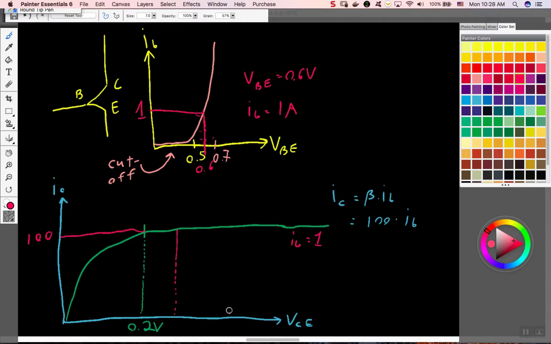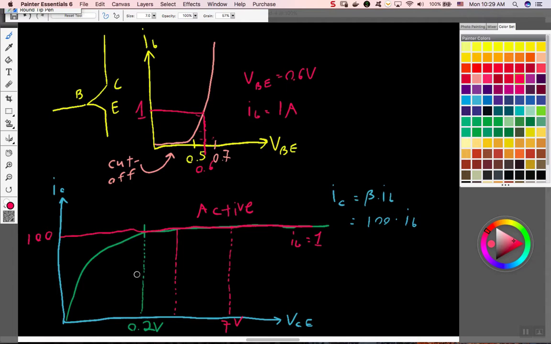When VCE, let's just say this is 7 volts for all we know, not to scale, what is going to be IC? If this is supposed to be a straight line, it's still going to be 100. So as long as VCE is bigger than 0.2, we're in the active region. And in the active region, IC is 100 times IB.